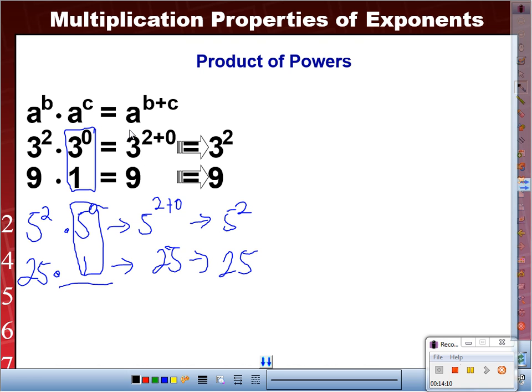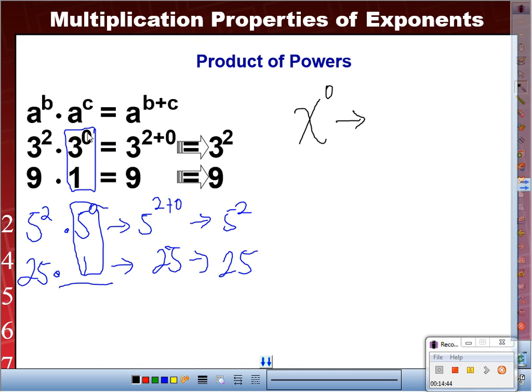Let's see, something simple. Noemi, what did your neighbor say? So, any number, for example, x to the 0 will become what?